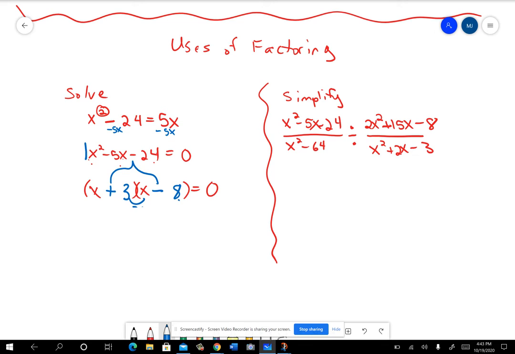And the last part's going to be to set each of those factors equal to 0. Okay, and you've got a handout that talks about this, and then you solve each of those linear equations. So we come over here, we add 8 to both sides, and we wind up with x equaling 8 or x equaling negative 3, okay?